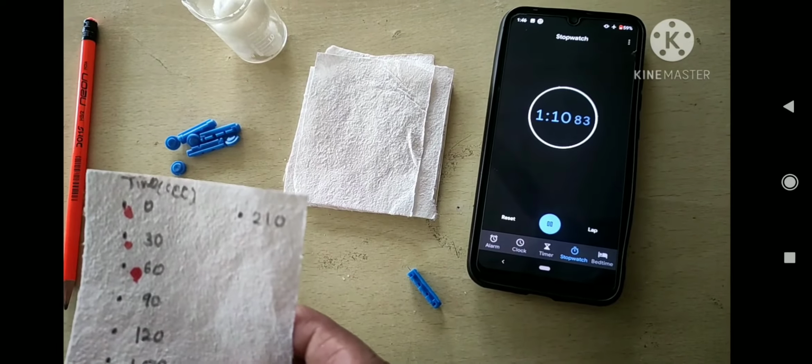A second more. This is also the spot. Next 30-second interval and we'll have another spot.